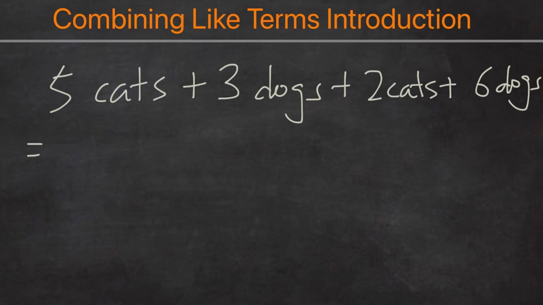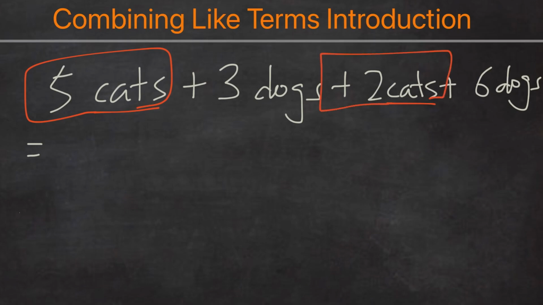What you want to do is first put all the cats together and all the dogs together, right? That's how you would count the number of cats. So here we have 5 cats and we have 2 cats here. So we want to put them together. So I would write 5 cats, then plus the 2 cats. And that will complete the cat portion.